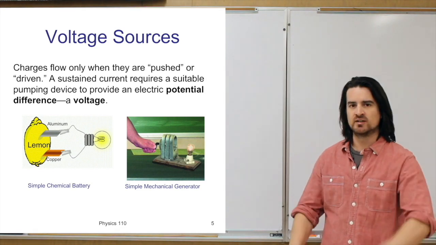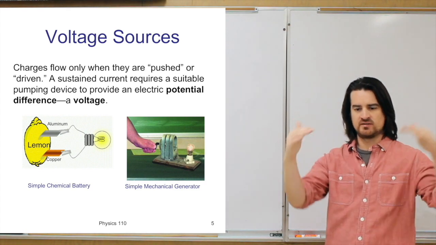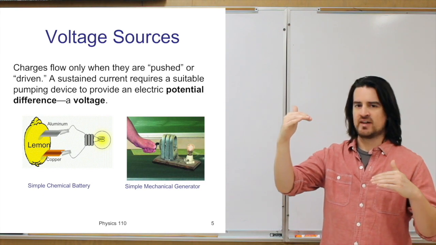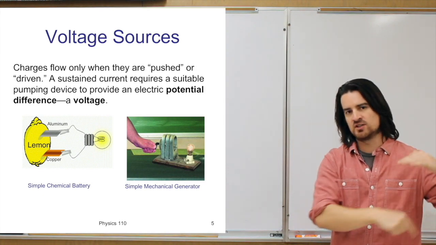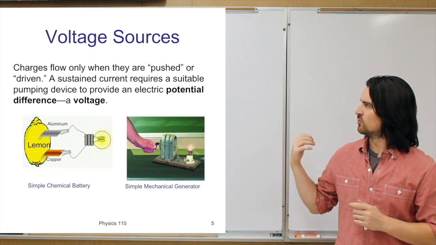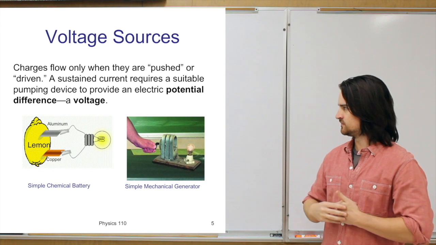All right, so a little bit more on voltage sources. Just like sustaining that difference in water levels in the two parts of that U-shaped object, if you want to sustain that, then the water needs to continually be pumped from the lower level back up to the higher level. For electrical current, it's going to be a voltage source that's going to do that pumping for you.